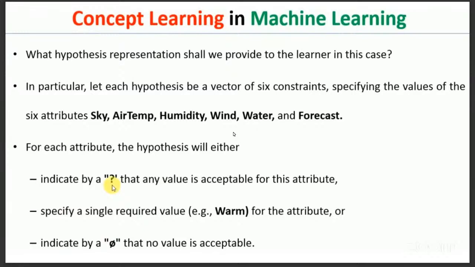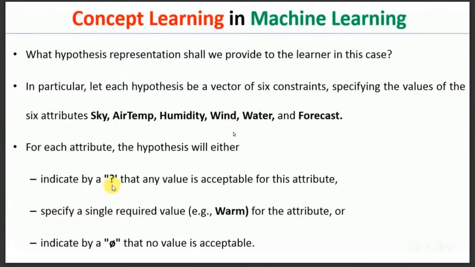So we have an approach here. We use two notations, that is question mark and null. For each attribute, meaning each column, the hypothesis will be either a question mark or null.